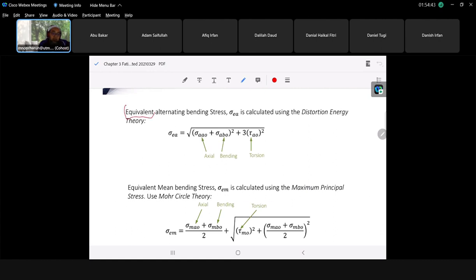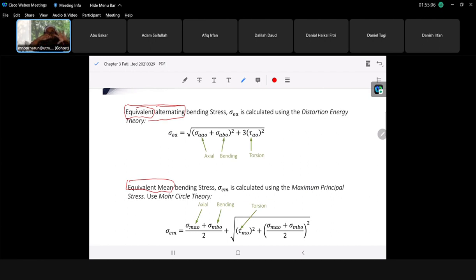Here is equivalent, one is equivalent mean and the other is equivalent alternating. Sebab tu the symbol uses E for equivalent, A for alternating, M for mean. That's the symbol.